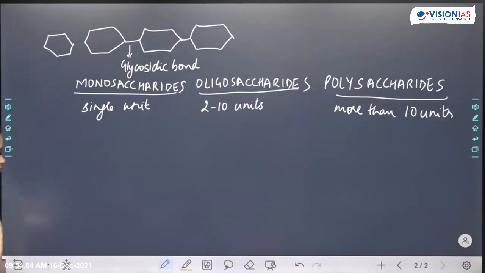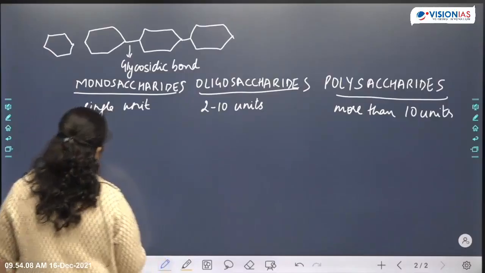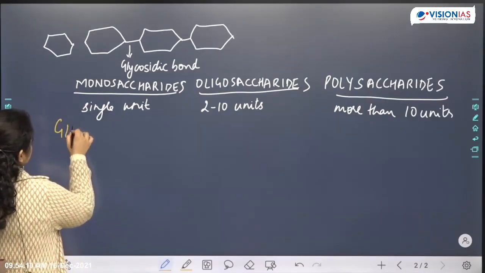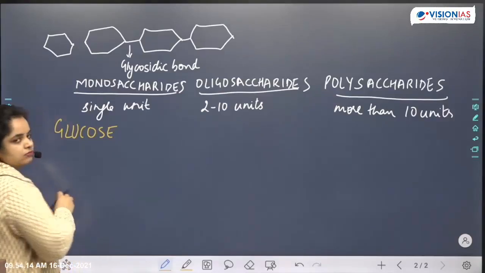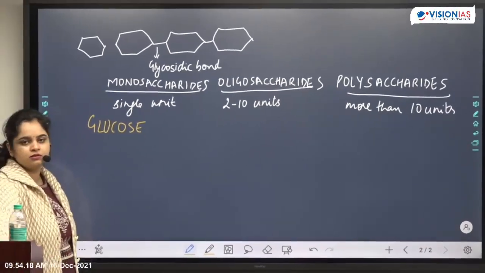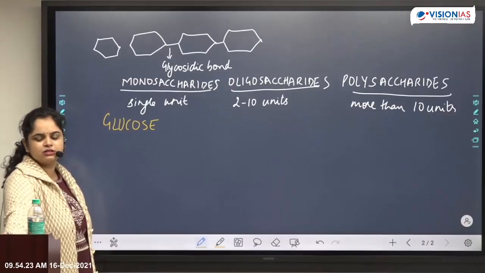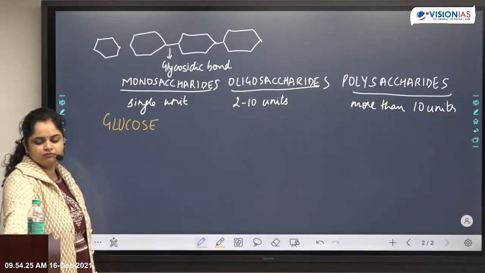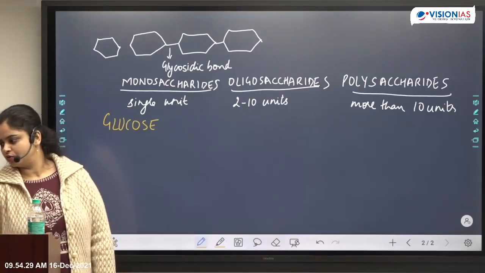Examples now. The first and the most common example is glucose. I'm sure everybody has heard about glucose. With glucose you can write down it is the main source of energy.